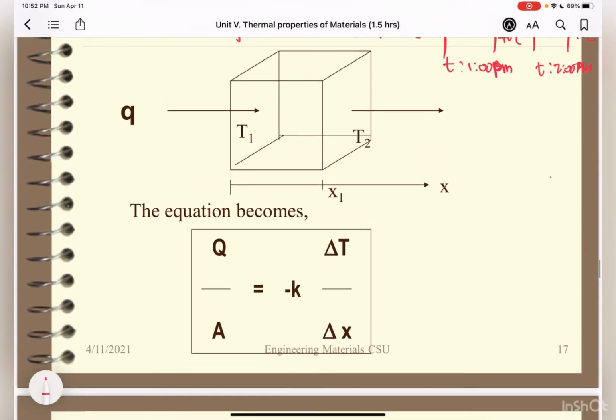So I'd like to derive the equation for Fourier, which is actually given by this equation, Q over A equals negative K delta T over delta X. So later when you take your HeMaT, or heat and mass transfer, you'll be learning more about the molecular transport equations, three equations.